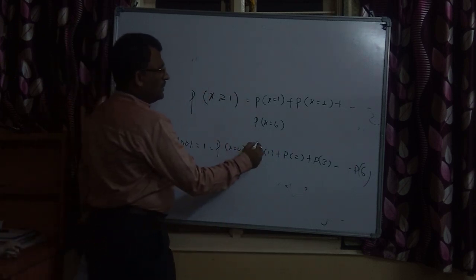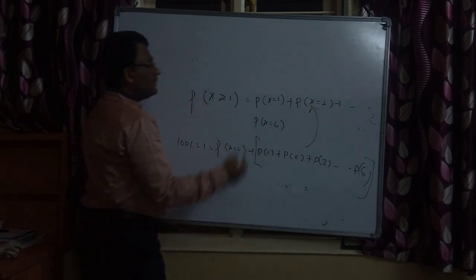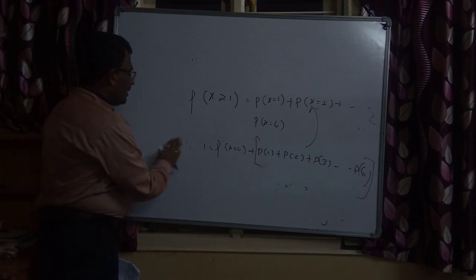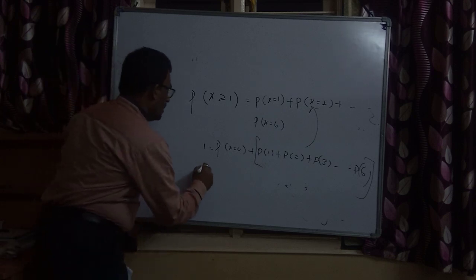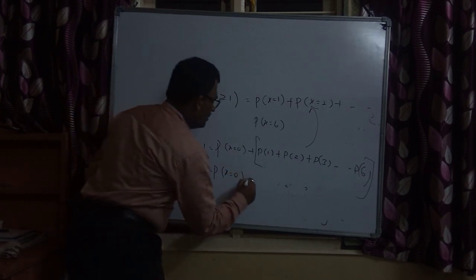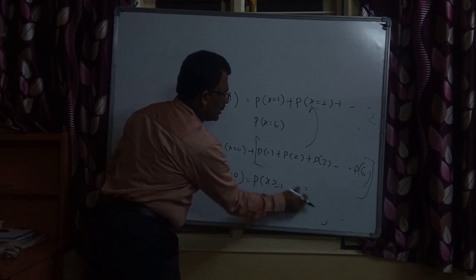I need from 1 to 6. If I do a simple modification here, this is 1 minus P of X is equal to 0. The values are maybe 1, maybe more than 1.